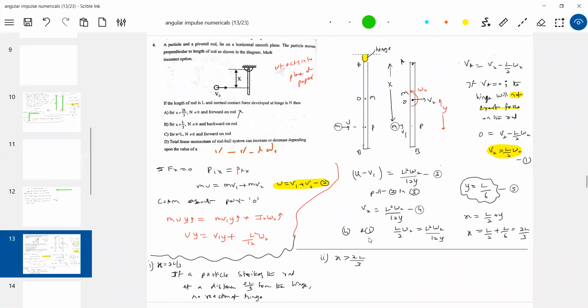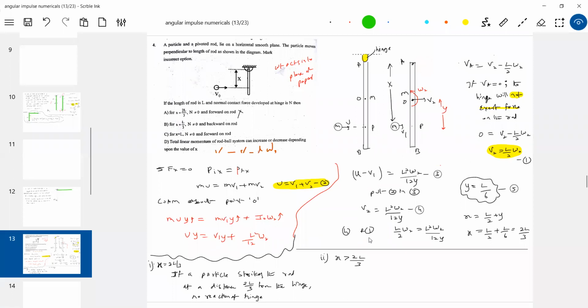If x is greater than 2L by 3, what will increase? I think the impulse will increase, no? The impulse J will act here, J into y, J into x. If x increases, J into x will increase. Then the rod will have more angular velocity, omega 2. Then the velocity of point A will be towards left. Then the reaction by the hinge will be towards right. Able to get it?